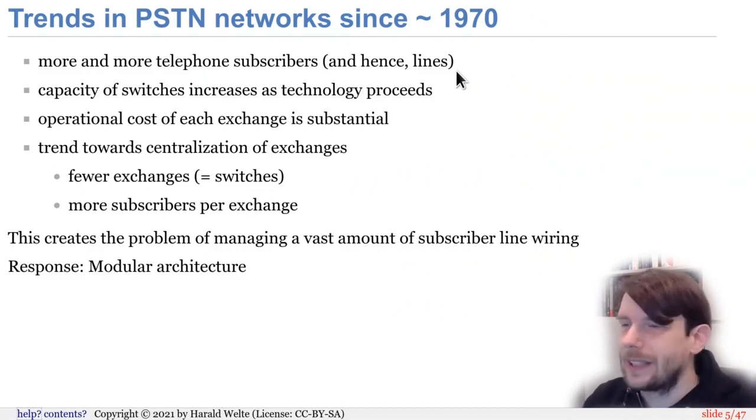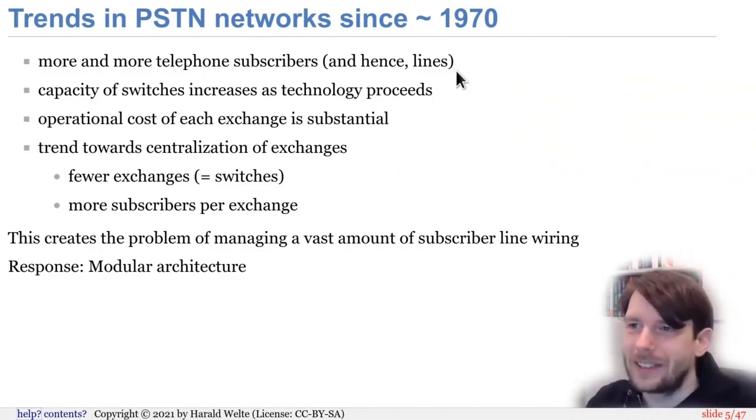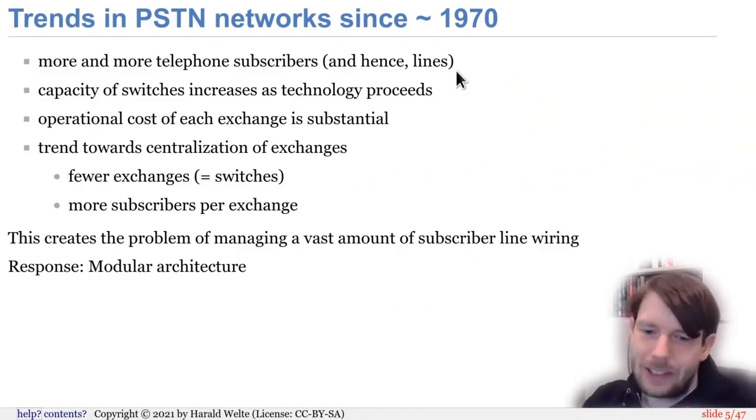So with electromechanical switching, of course, there were some physical size limitations on the number of lines you could switch in the switching network, in the matrix, and so on. As that became first analog electronics and then later digital electronics, the amount of size required in the exchange per line got reduced, and also the capacity of those digital systems in general increased.